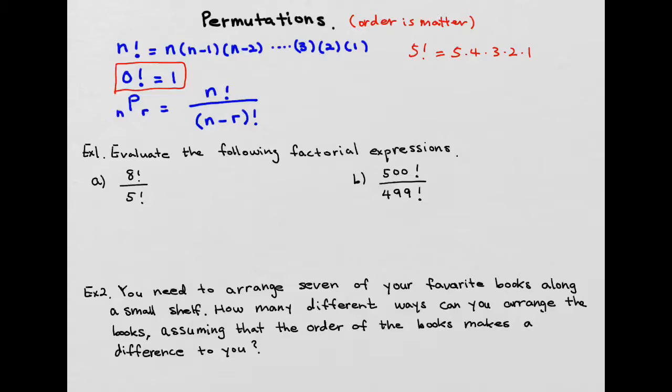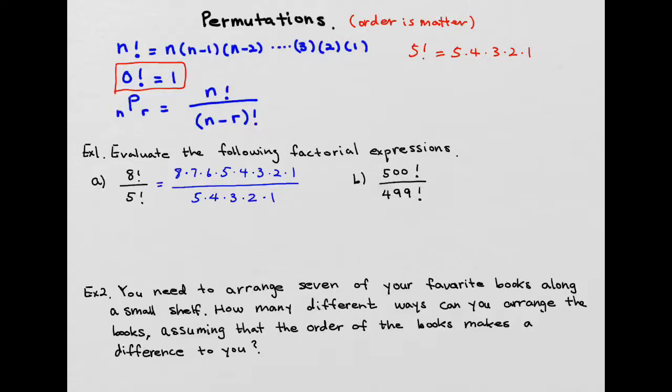If we're looking at this problem right here, 8 factorial over 5 factorial, 8 factorial means starting from 8, multiply all the way to 1. Five factorial means starting from 5, multiplied all the way to 1.